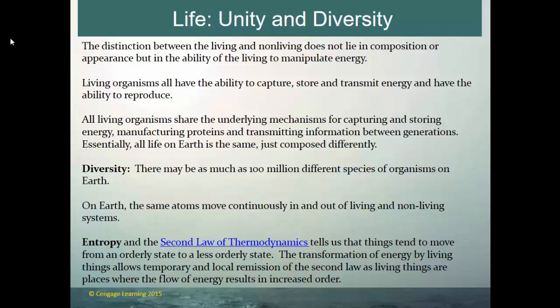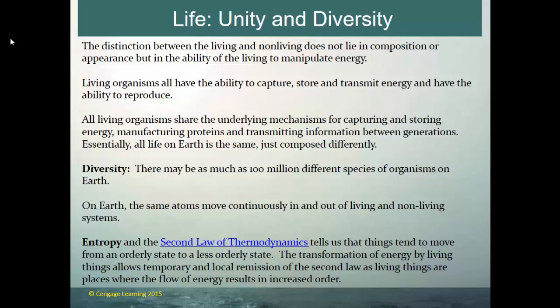Living organisms all have the ability to capture, store, and transmit energy and have the ability to reproduce. All living organisms share the underlying mechanisms for capturing and storing energy, manufacturing proteins, and transmitting information between generations. Essentially, all life on Earth is the same, just composed differently.